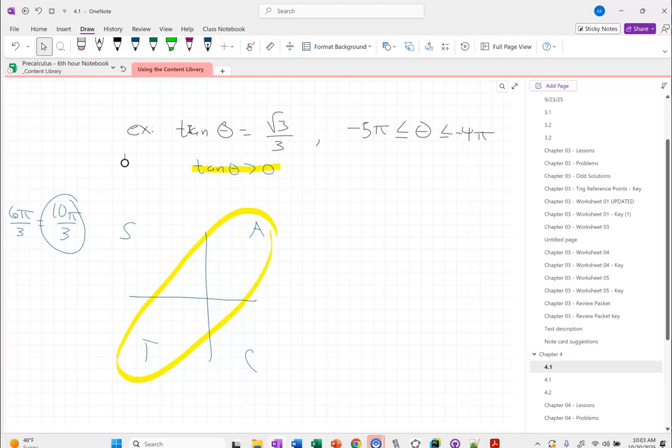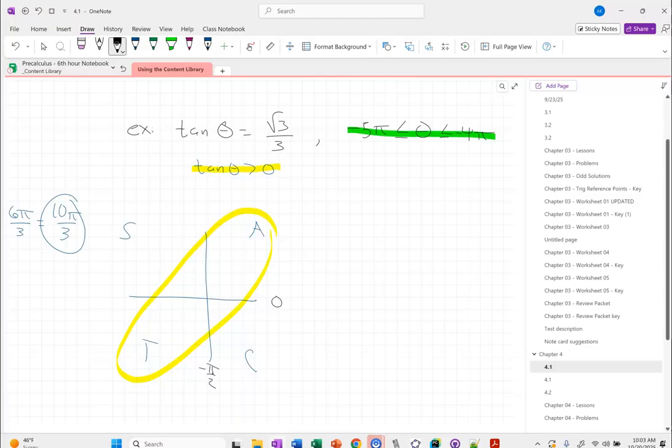The next thing we're going to do is figure out what quadrants are covered by -5 pi to -4 pi. Since those angles are negative, which direction am I going? Clockwise. And how am I counting? By halves, right?